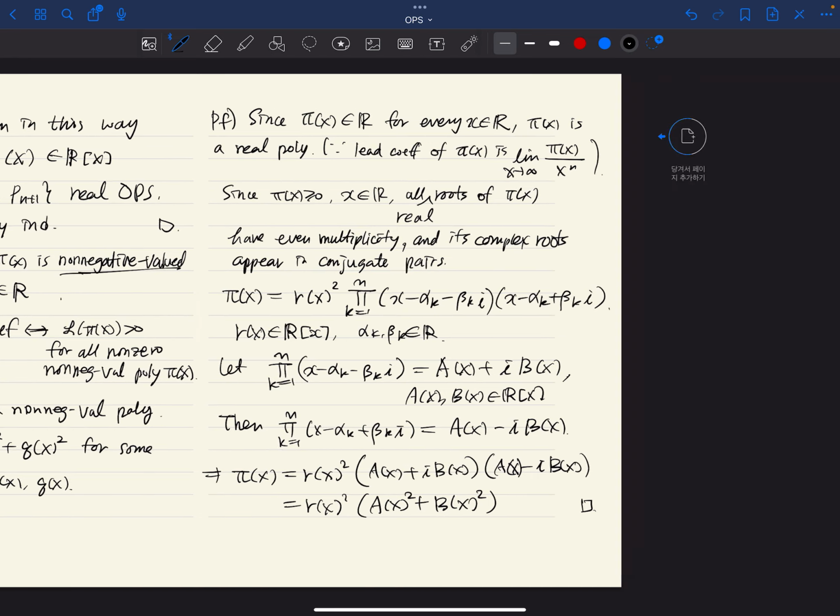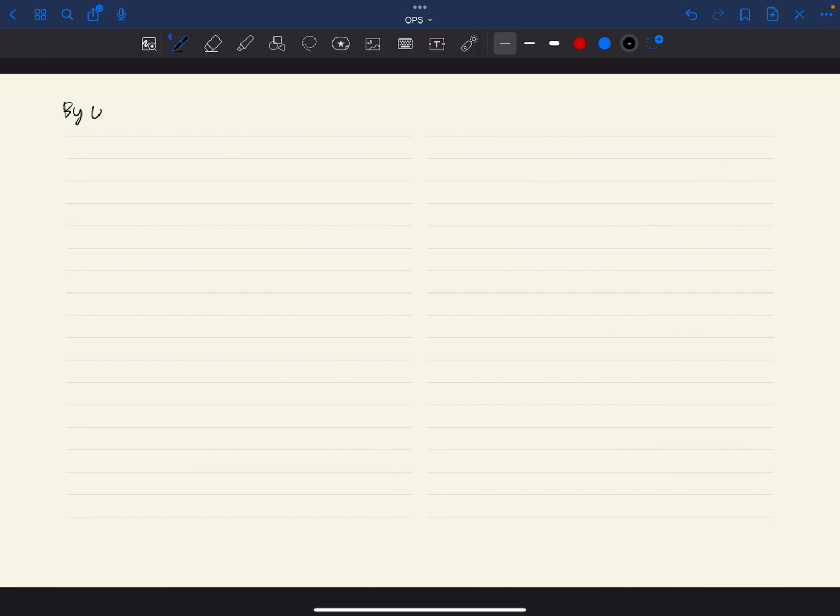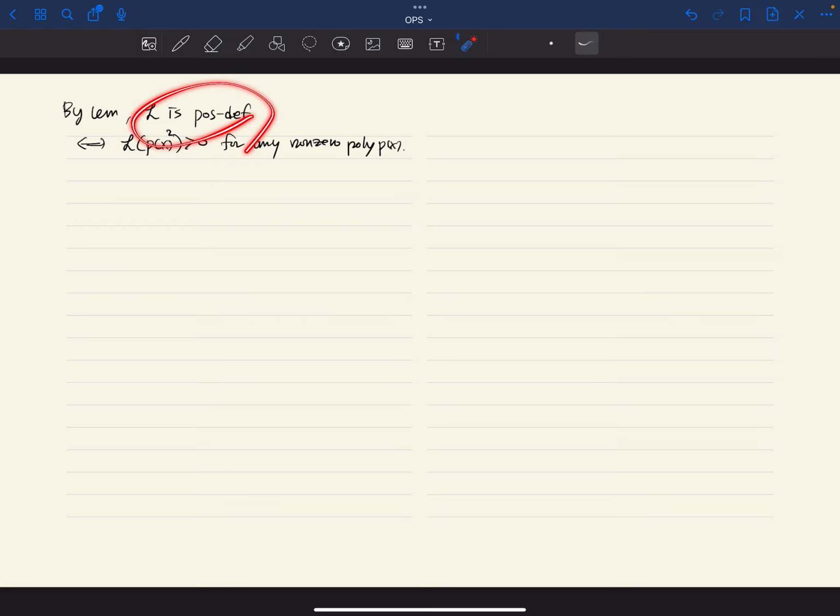Therefore, by the lemma, L is positive definite if and only if L of p(x) squared is positive for any non-zero polynomial p(x), right? So this is an equivalent condition for this.